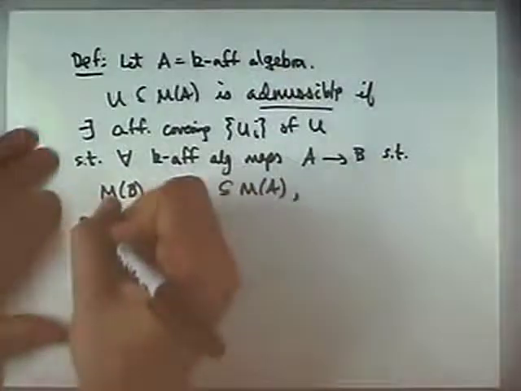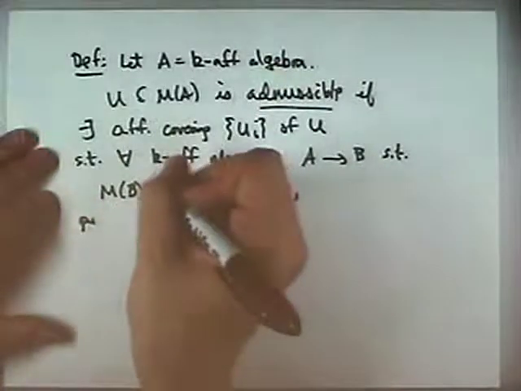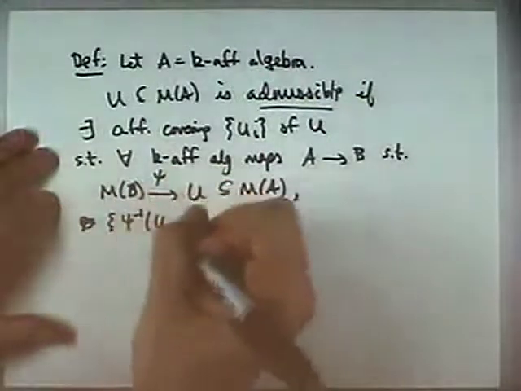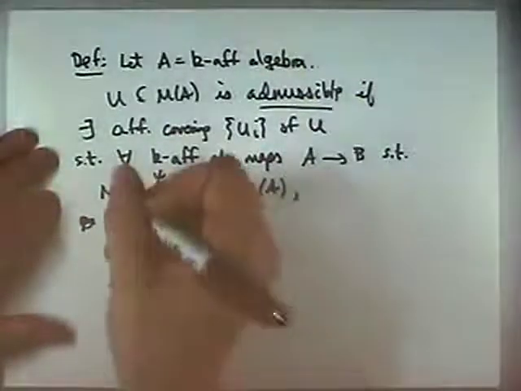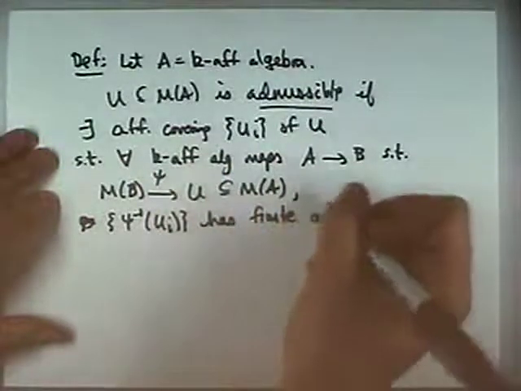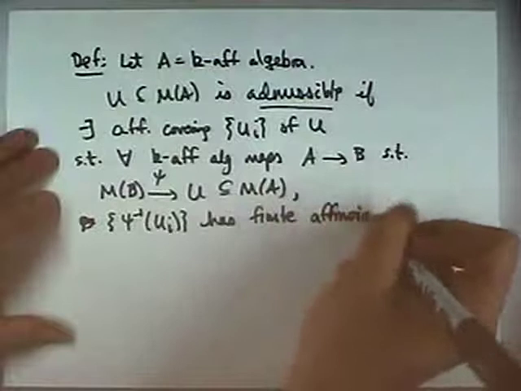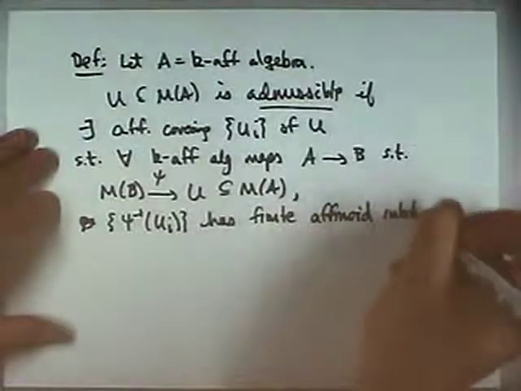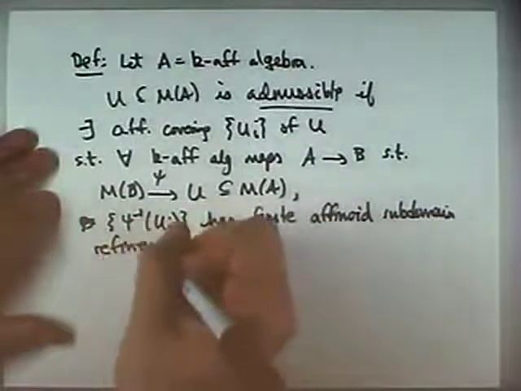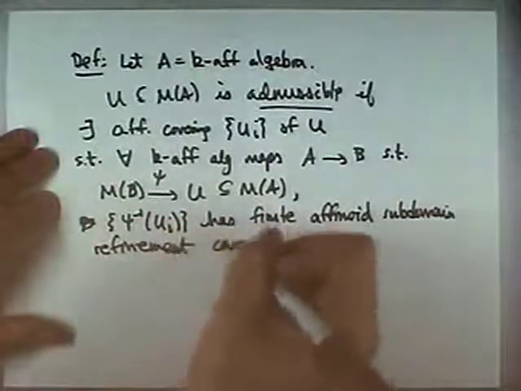The pullback, let me call this map psi. This psi of U_i, this is a covering of M(B). This has a finite affinoid subdomain refinement cover in M(B).